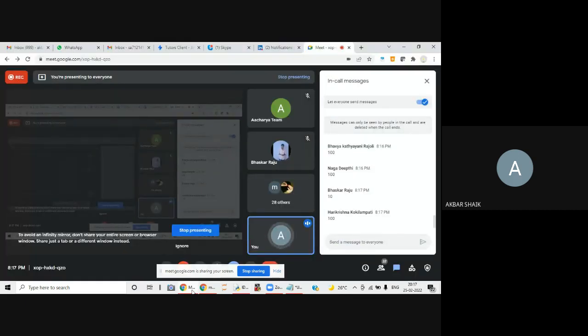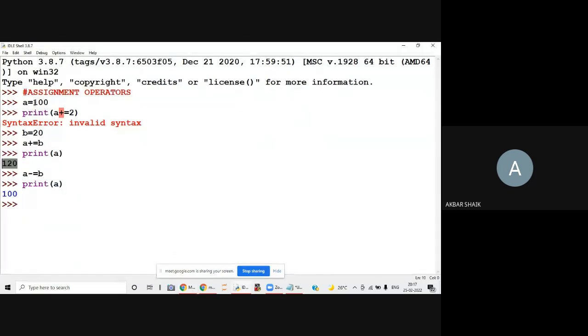Is it clear to all why we got 100? All of you please respond in the chat. Remaining students, please respond. If you are having any doubts, please let me know, because this is a little bit tricky. Don't think that always A value is 100 only.